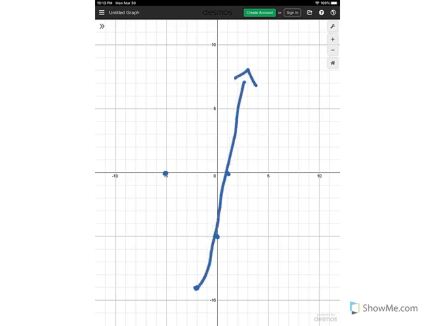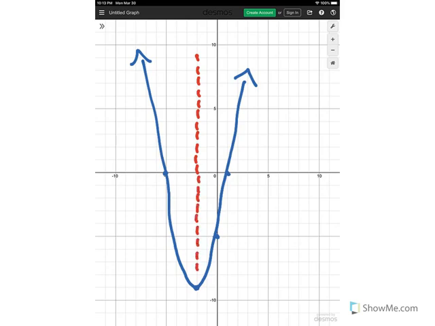And my hands are really shaky on this iPad. And then I'm going to draw a dotted line to represent my axis of symmetry. And that's going to go straight through that vertex. That dotted line is going to symbolize my axis of symmetry.